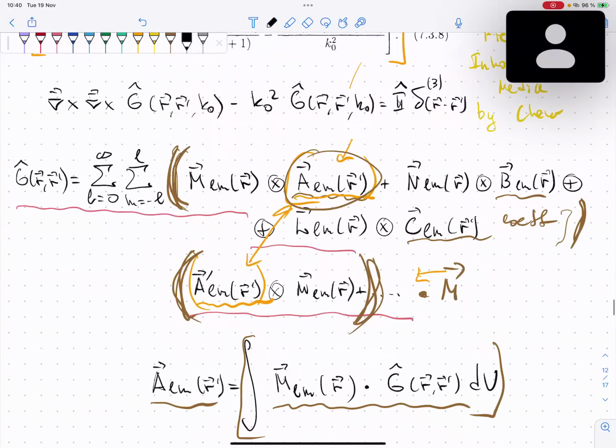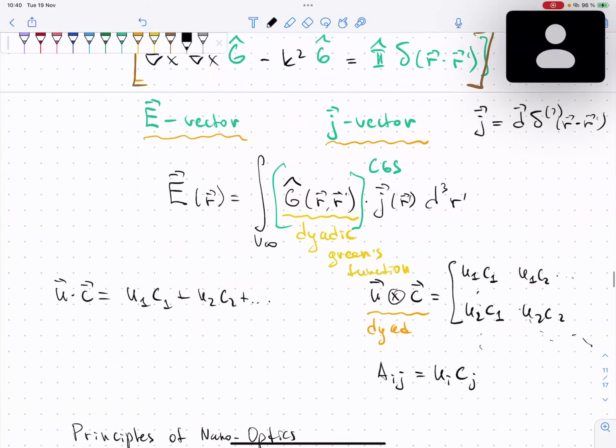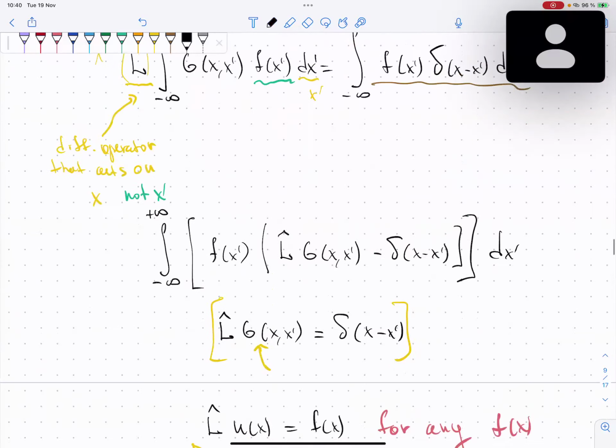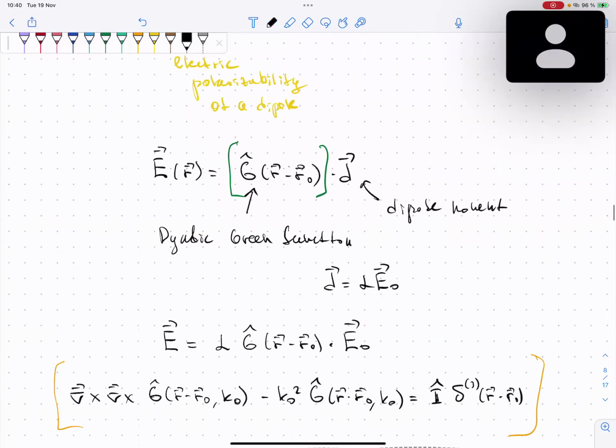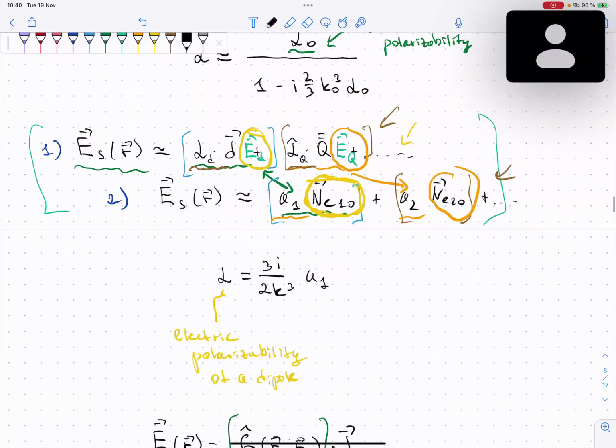And it's very similar to what we get here.